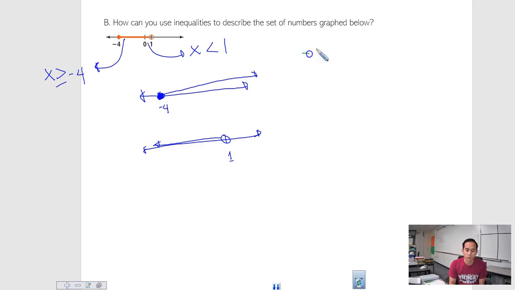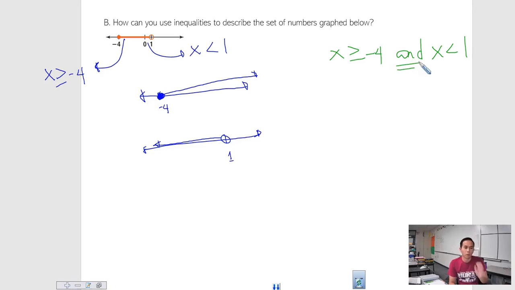Therefore, we can now write it as a compound inequality: x is greater than or equal to -4 and x is less than 1. So they made use of the word and.